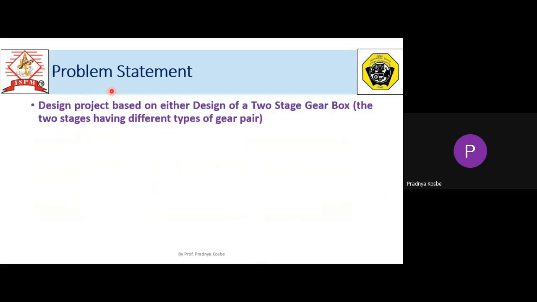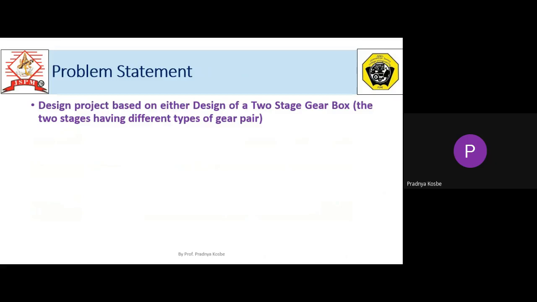Now the generalized problem statement is: the design project is based on a two-stage gearbox having different types of gear pair.